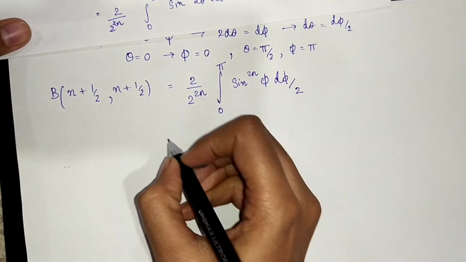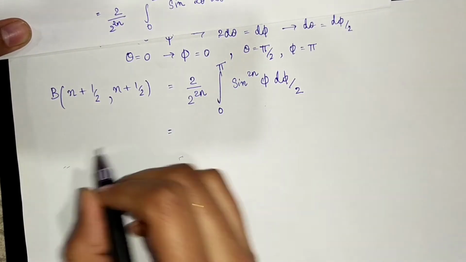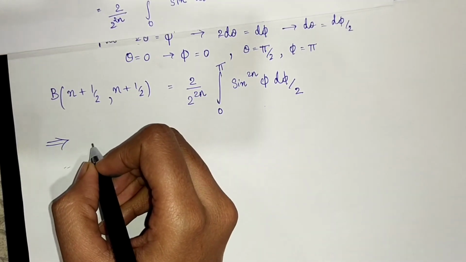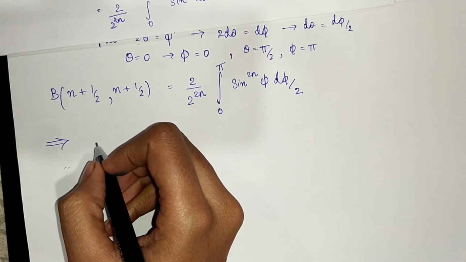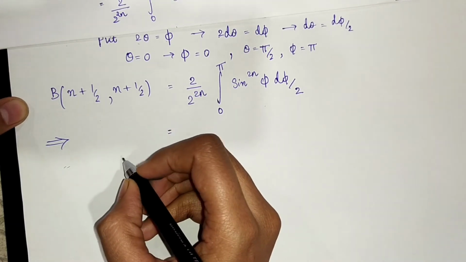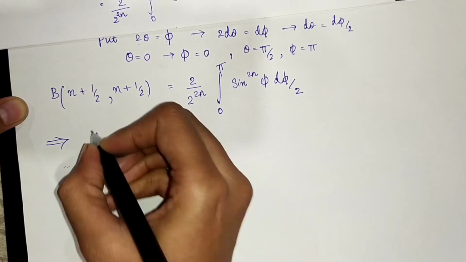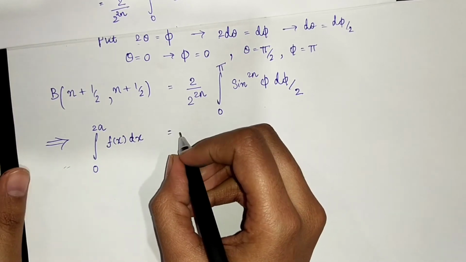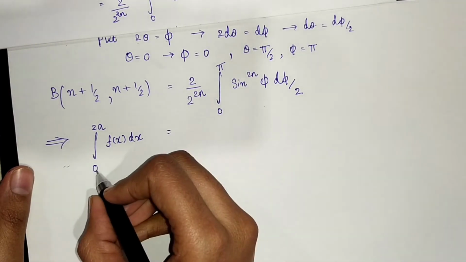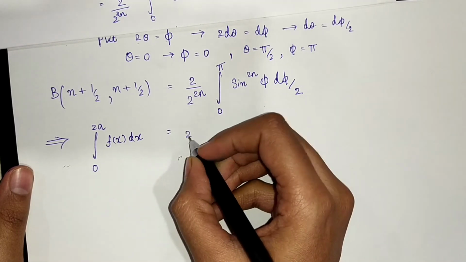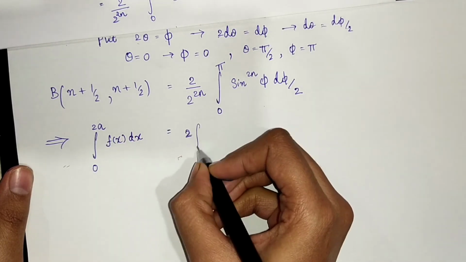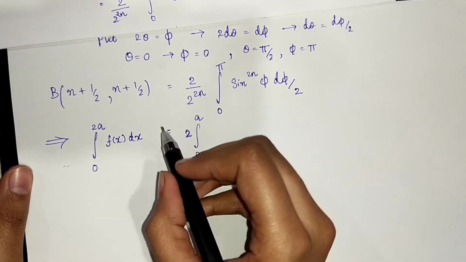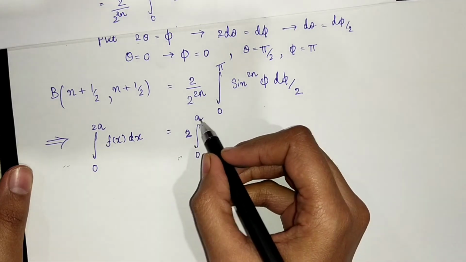Now there is one rule in the definite integral: whenever the limit is 0 to 2a of f of x dx, you can change the limits to 0 to a, and you have to multiply by 2.